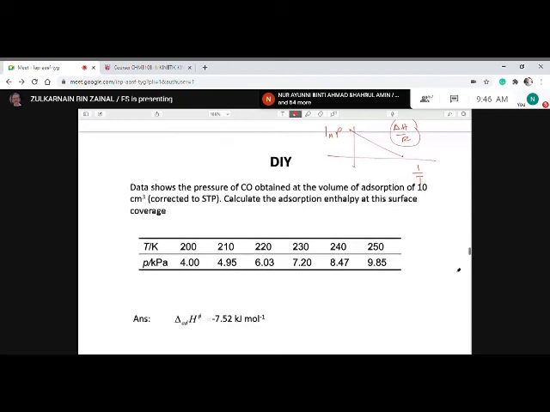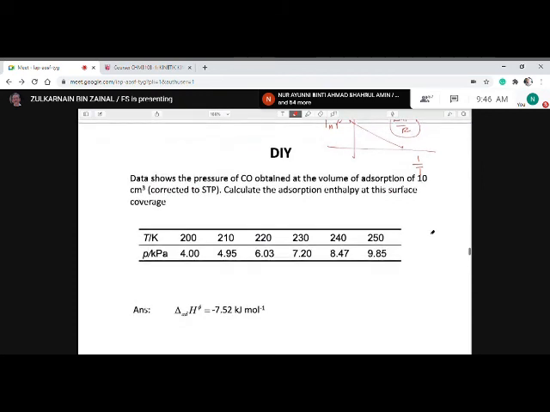Okay, so for that you are given this data. Use this data to get the value of delta H. The data show the CO pressures obtained at a volume adsorbed of 10 centimeter cube. It is not given as a percentage, but it is given in the form of the amount adsorbed on the surface.